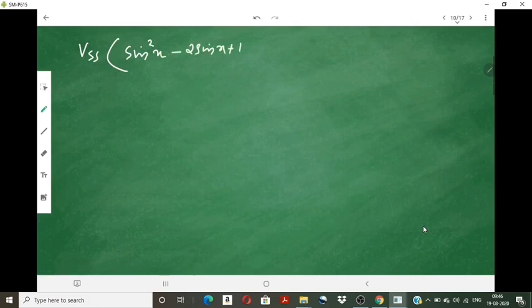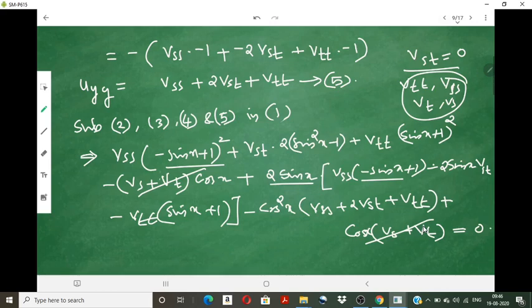Then in the first term, it will be 2 sin x into minus sin x plus 1, that is minus 2 sin square x plus 2 sin x.